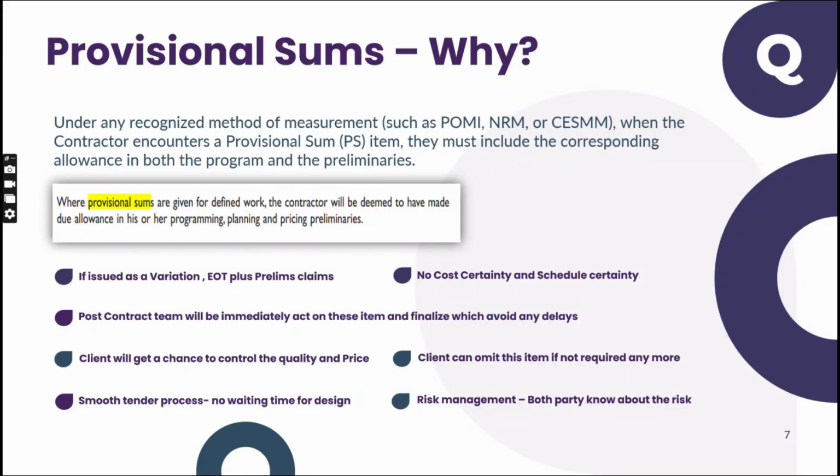The client can omit the prelims also when omitting the PS item, because you are obligated to price the prelims against the provisional sum items. So when the item is omitted, why should I pay for it?